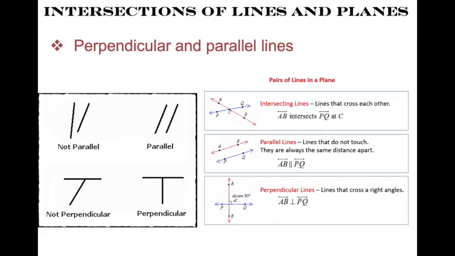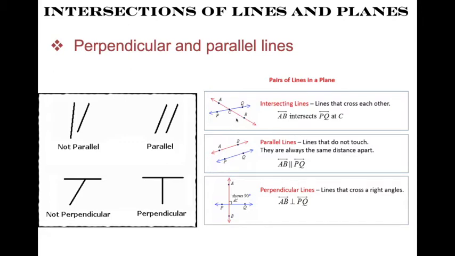Now let's look at the intersection of lines and planes, which again you're going to find yourself having to draw: lines intersecting and planes intersecting. So, perpendicular lines and parallel lines. First, let's look at this one, which is intersecting lines.